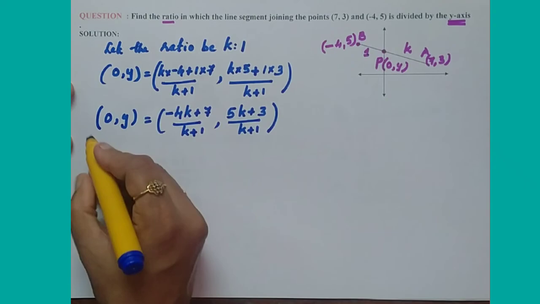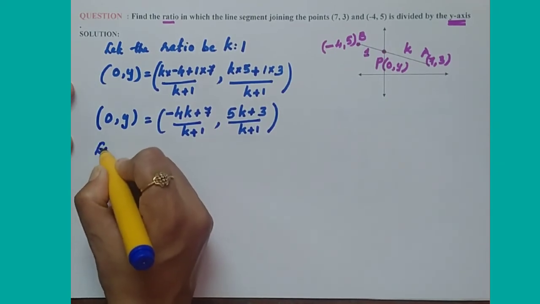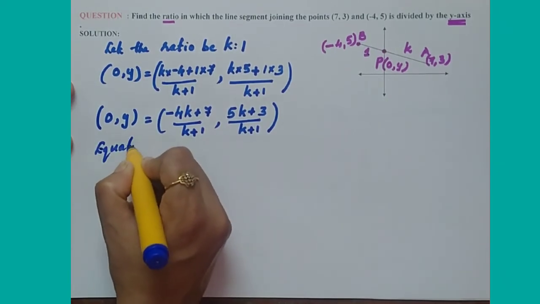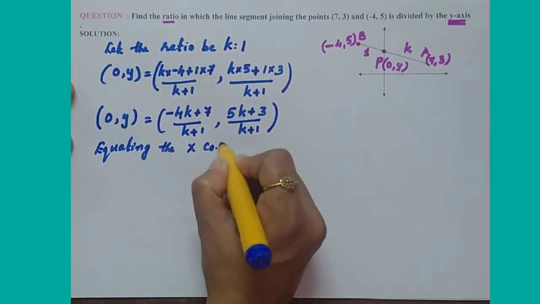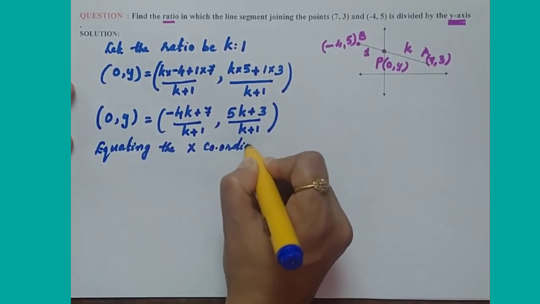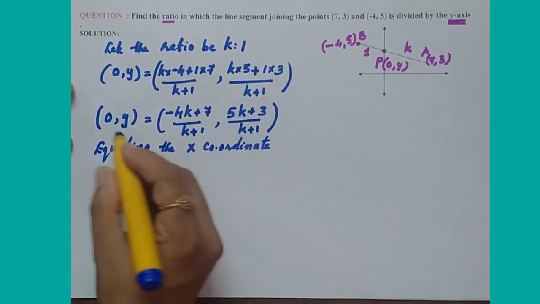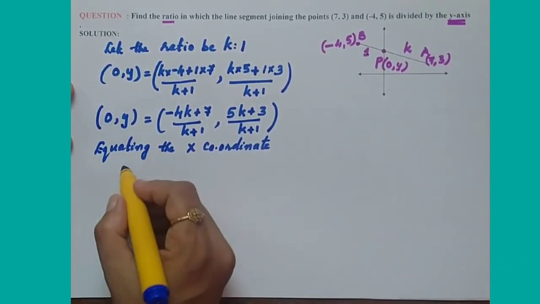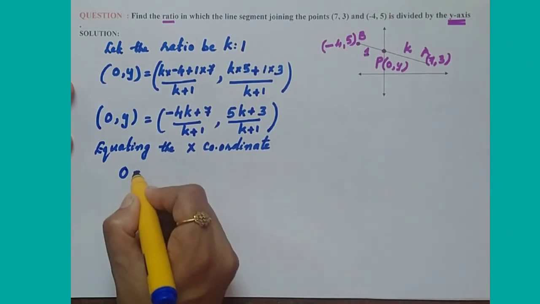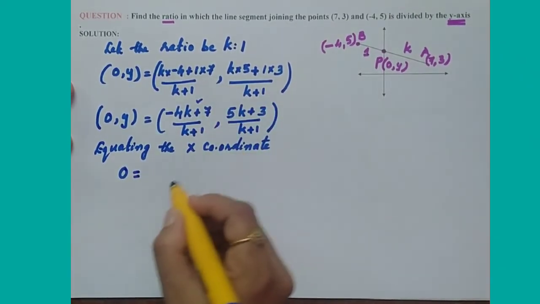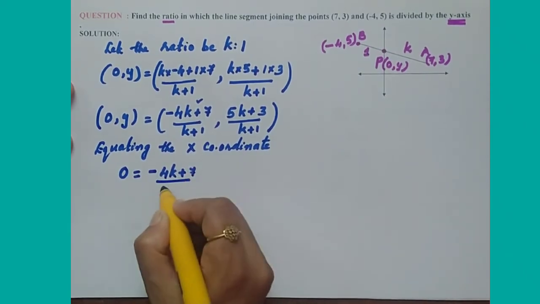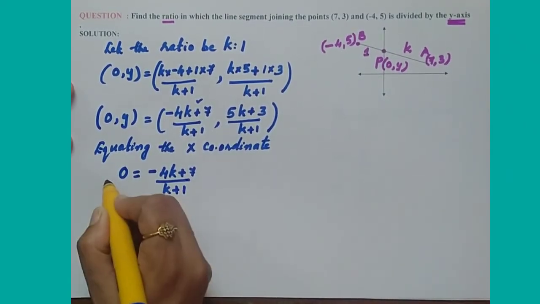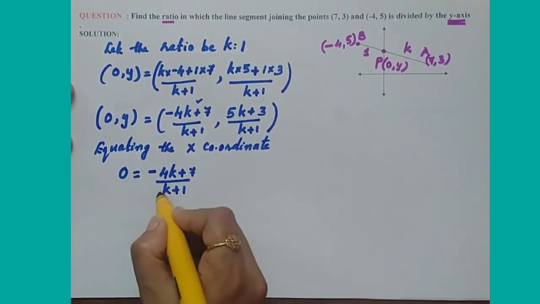So, I am going to equate the x coordinate. Why do I equate the x coordinate? Because one x value is 0. That seems to be easy. Therefore, 0 equals, what is the x coordinate on the right side? Minus 4k plus 7 divided by k plus 1. As 0 is on the left side, when cross multiplying you get 0.